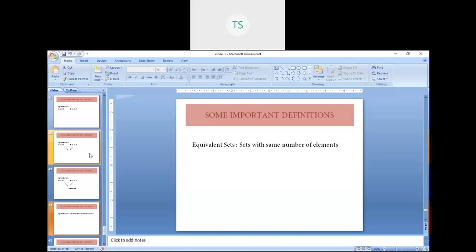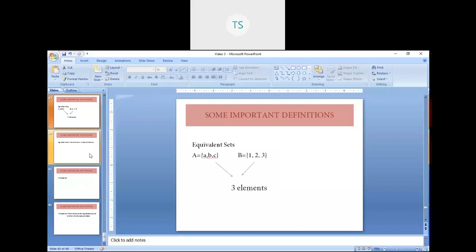Only it is written that they must have the same number of elements. It is not necessary that the elements are the same. So that's why we can say that capital A is equivalent to capital B because they have the same number of elements.